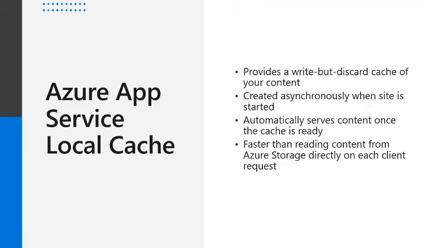The Azure App Service local cache feature provides a web role view of your content. This content is a write-but-discard cache of your storage content that is created asynchronously on site startup. When the cache is ready, the site is switched to run against the cached content.